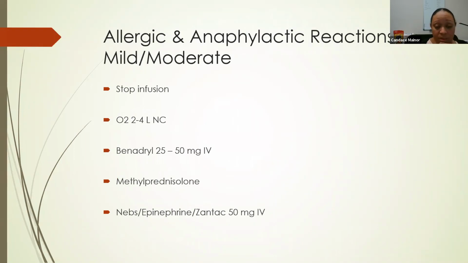The treatment largely depends on if this is a mild to moderate reaction or severe reaction. For all reactions, we would stop the infusion, give supplemental oxygen, give Benadryl, methylprednisolone, and nebs, epinephrine, and Zantac as needed depending on the severity of the mild or moderate reaction.